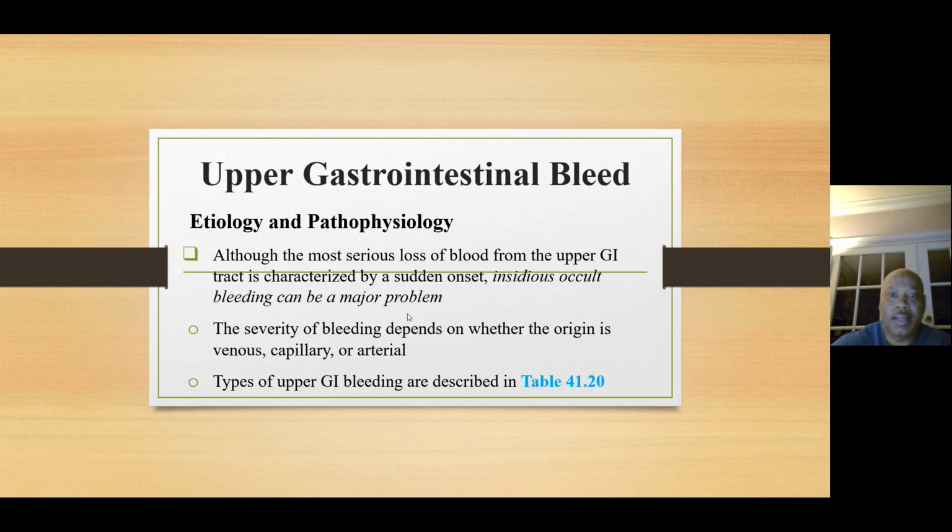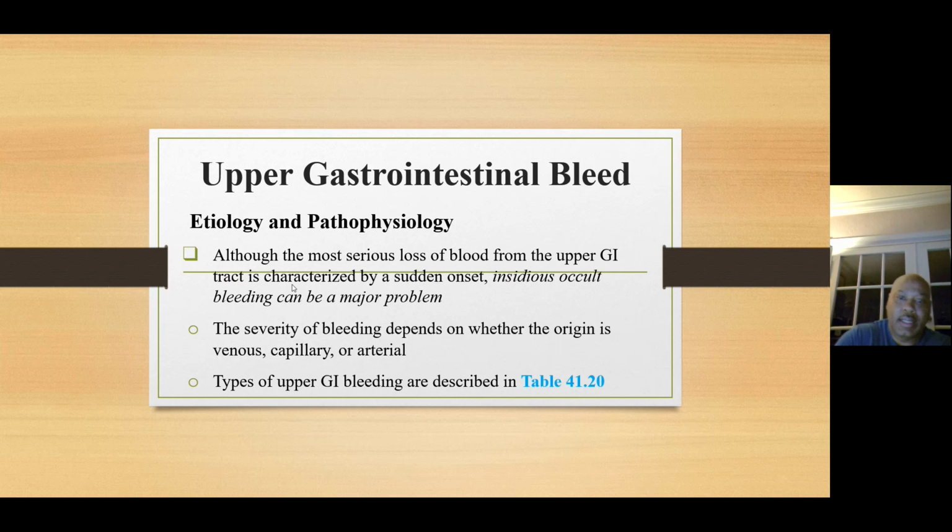All right. As far as the etiology or pathophysiology for upper GI bleed, most of the serious loss of blood from the upper GI tract is characterized by sudden onset. It is insidious, occult bleeding, and it can be a major problem.